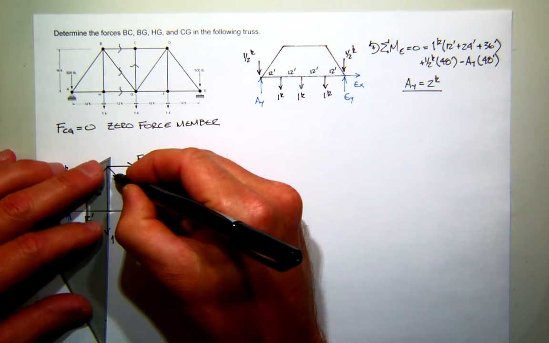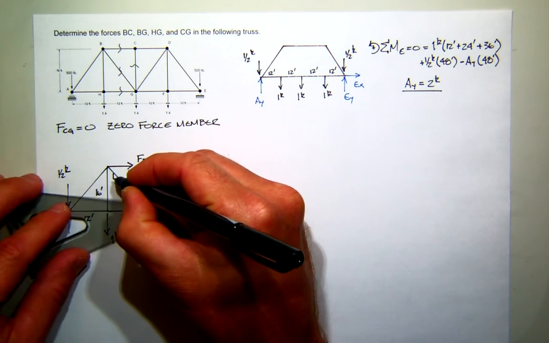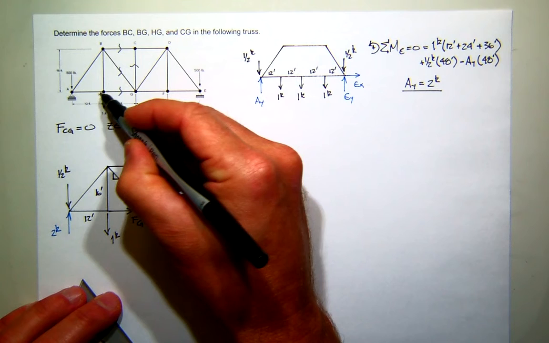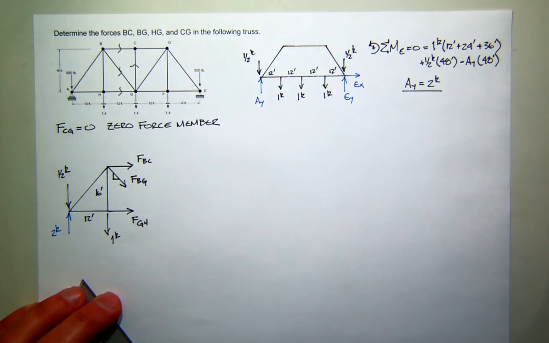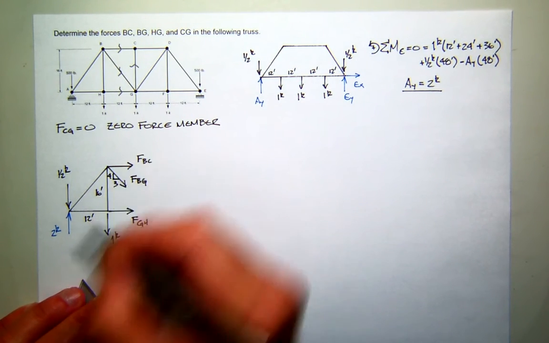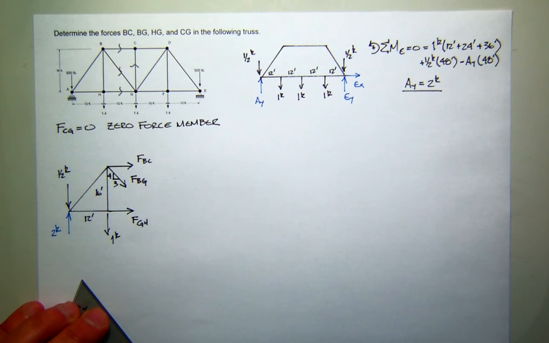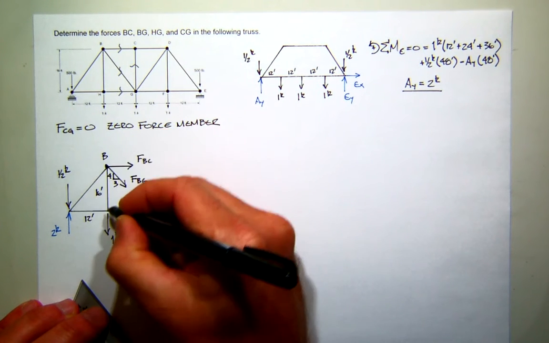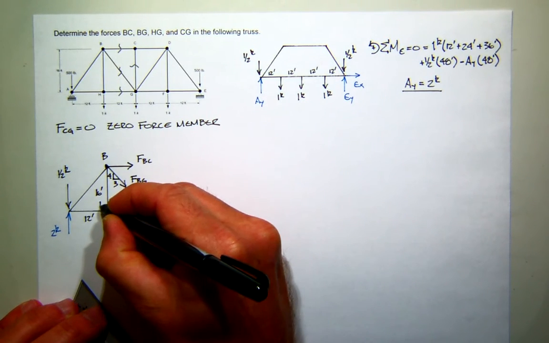I can go ahead and find my rise over run, or my slope of my diagonal force. It looks like a run of 12 to a rise of 16, which is a 3, 4, 5 triangle again, conveniently. Everybody happy with that? So let me go ahead and do this. Bless you. B and H.